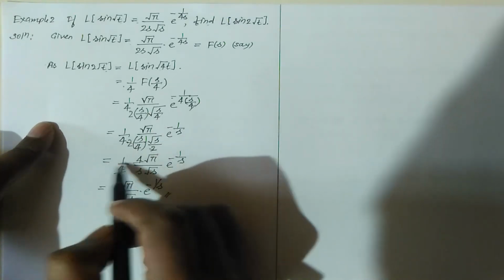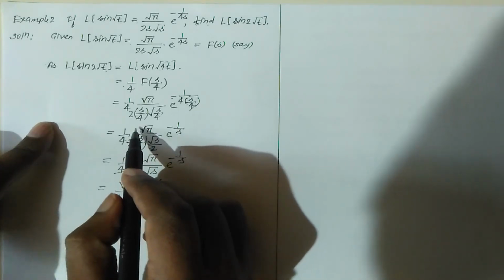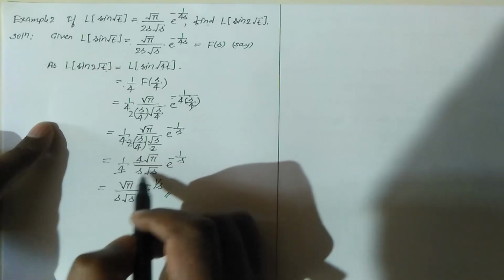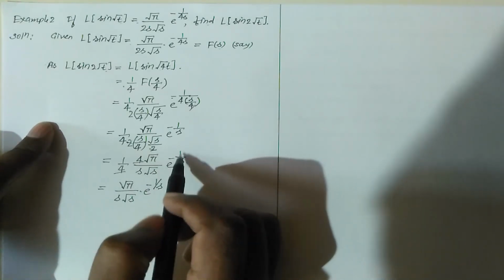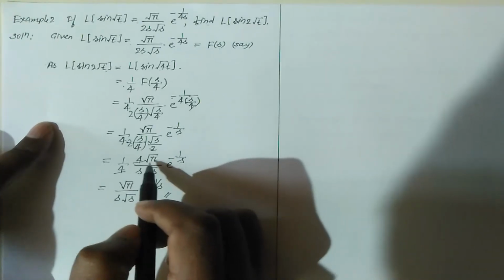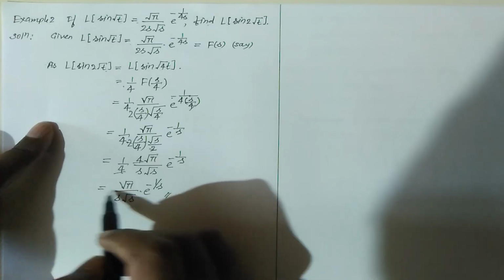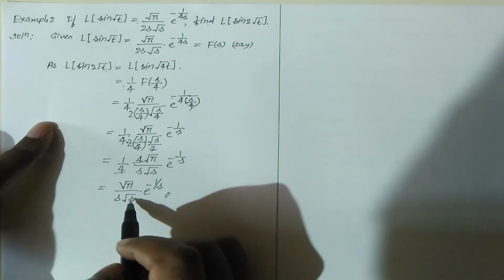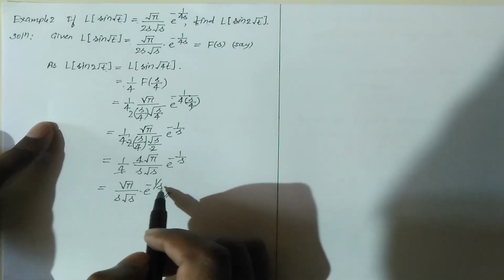So this equals 1 upon 4, and this 4 goes to the numerator, so it becomes 4 by square root of pi by s into square root of s into e raised to minus 1 upon s. So 4 and 4 will cancel and this becomes square root of pi by s square root of s into e raised to minus 1 upon s.